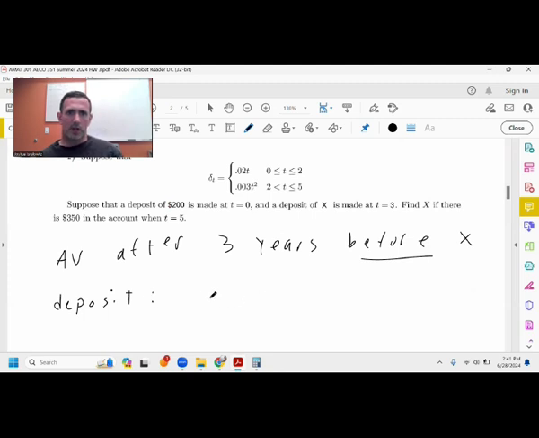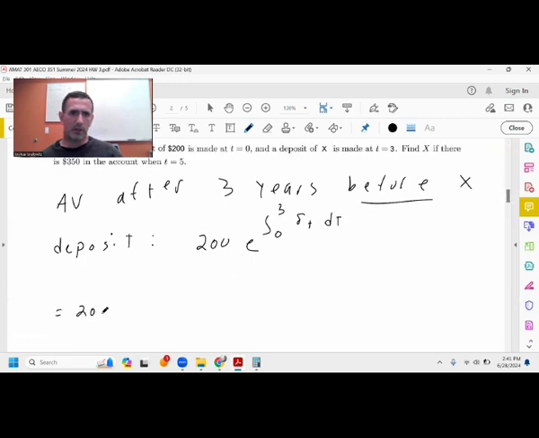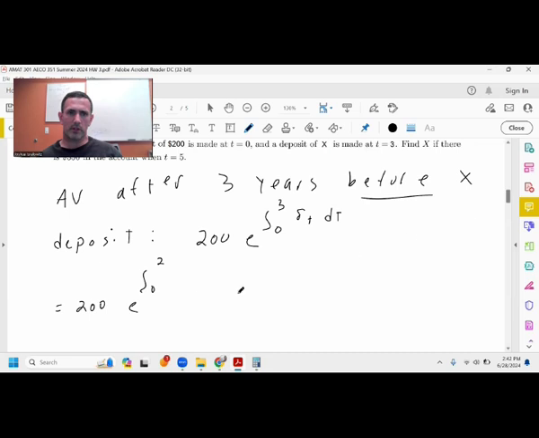So simply it's 200 e to the integral 0 to 3. So just like before, 0 to 2, the first one, plus 2 to 3.